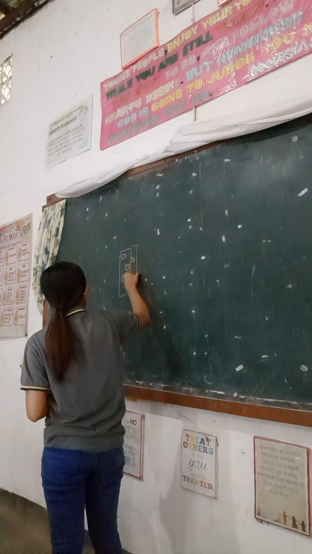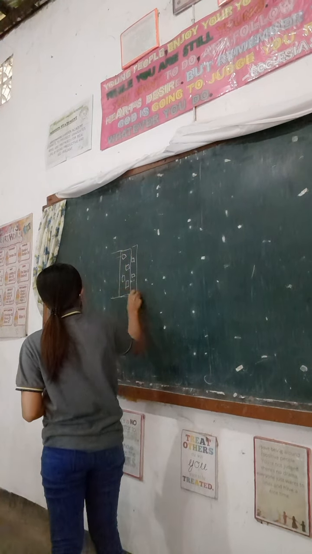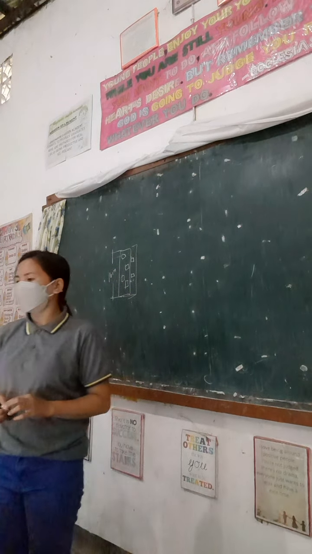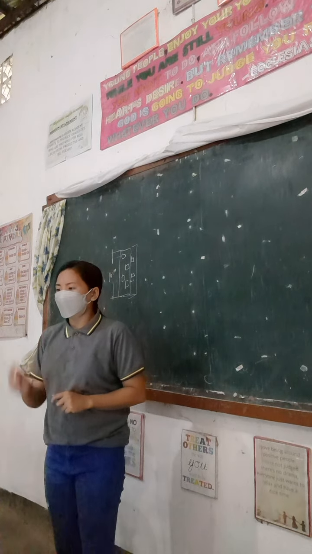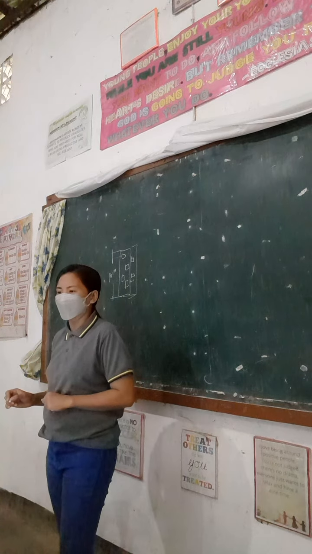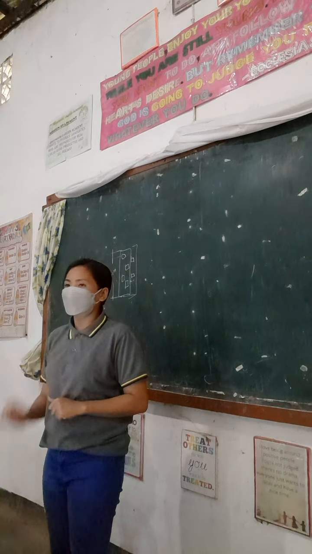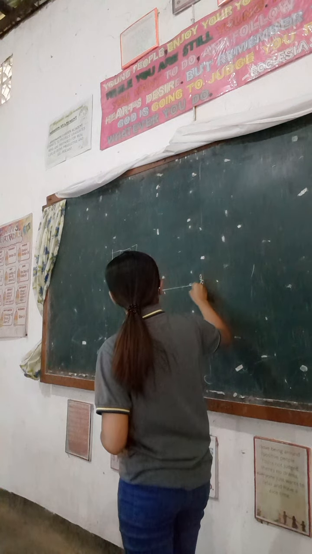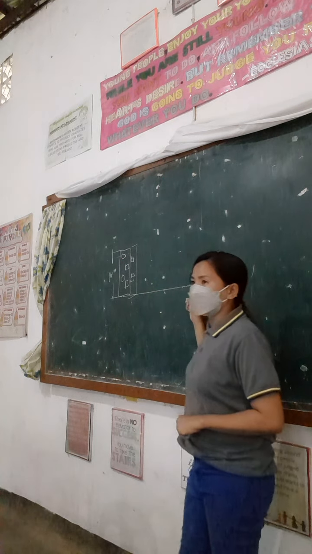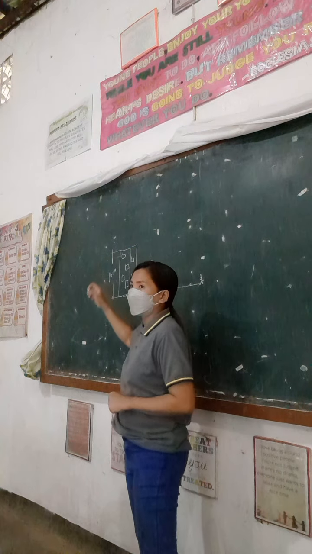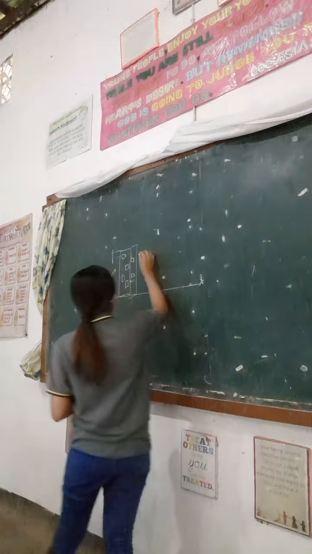At a certain distance away from the building, an observer determines the angle of elevation to the top of it is 35 degrees. So we have the first building here, which is 16 meters high. At a certain distance there is an observer, and this observer determines that the angle of elevation to the top of the building is 35 degrees.